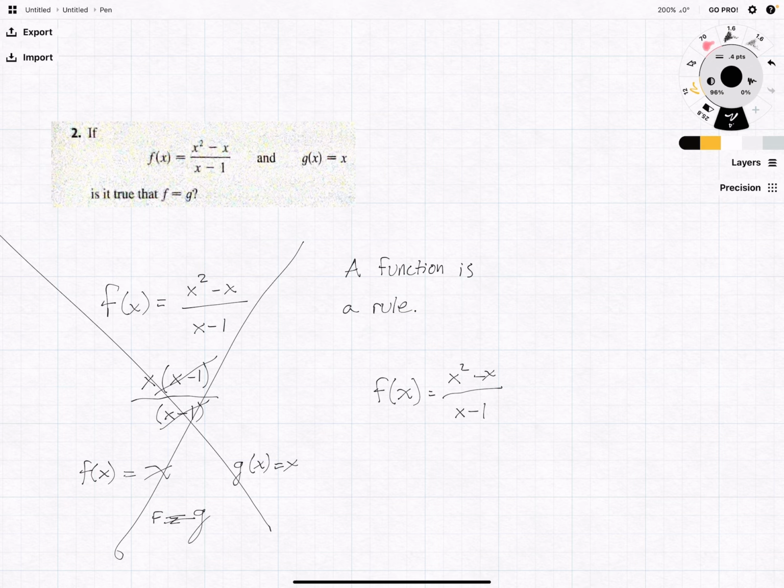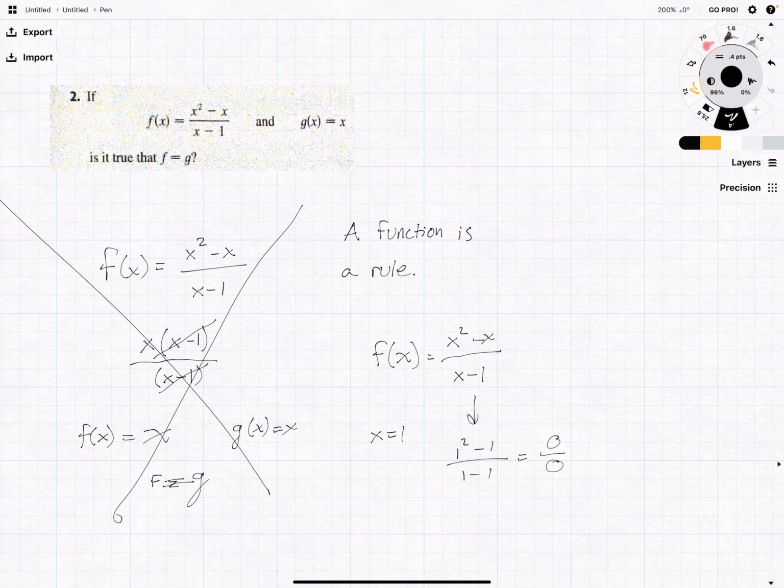Let's say we plugged in x equals 1. So we would have 1 squared minus 1 all over 1 minus 1, and that would end up getting us 0 over 0. And in math, 0 over 0 is not equivalent to 0. It's something different, something unknown.